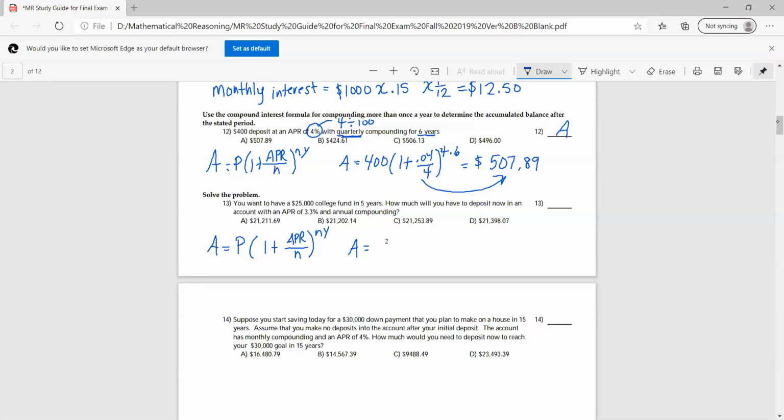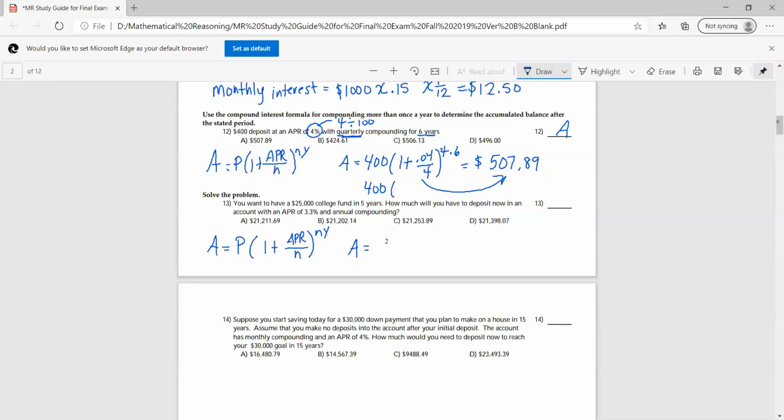I'll just give you a clue. Maybe do this, figure out what 1 plus 0.04 divided by 4 is, get that part down. So if I type that part in my calculator, 1 plus the fraction 0.04 divided by 4.